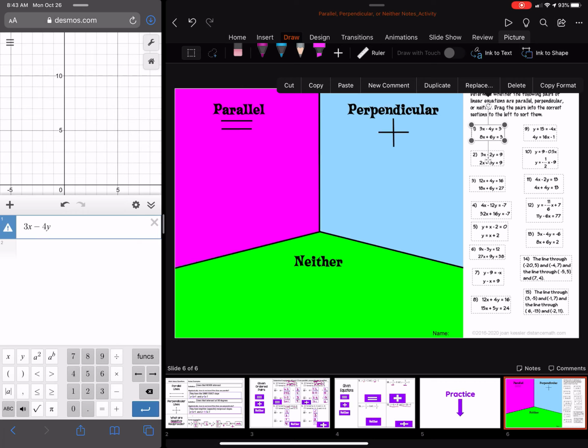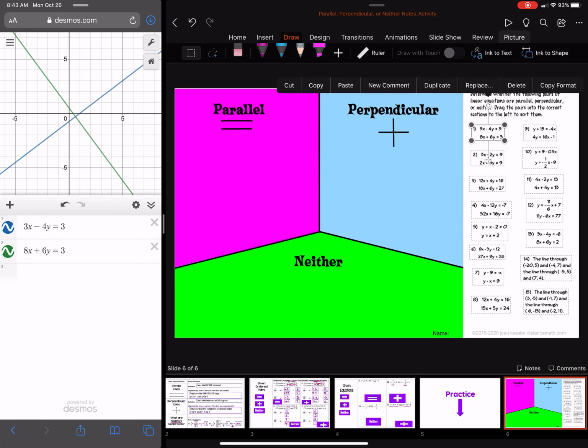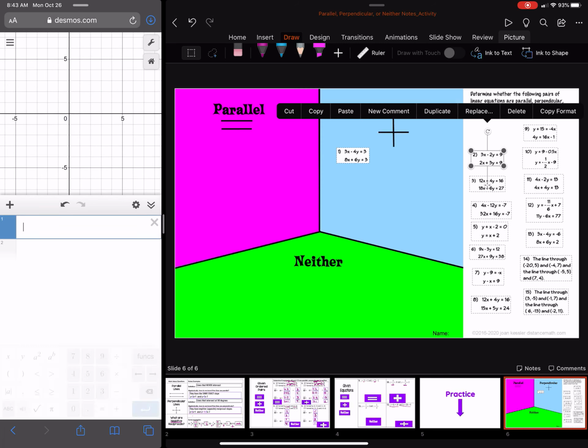So 3x minus 4y equals 3. And then I'm going to put the second equation in, x plus 6y equals 3. And I'm going to look at my line, and I have a perpendicular line. So these 2 problems right here, I would move over to perpendicular. And you would go to number 2, and you would put these in.